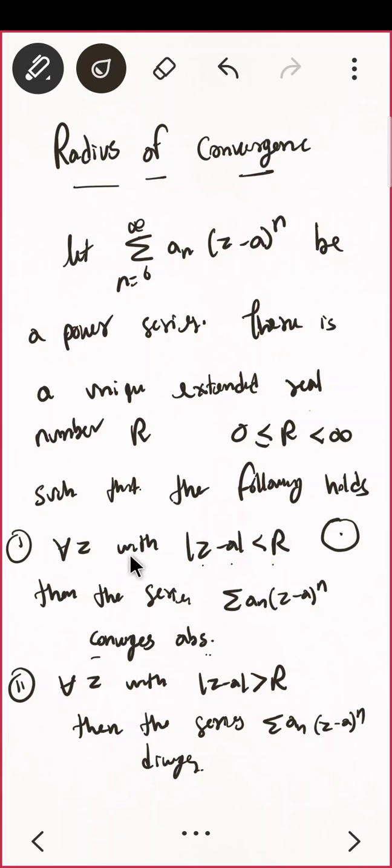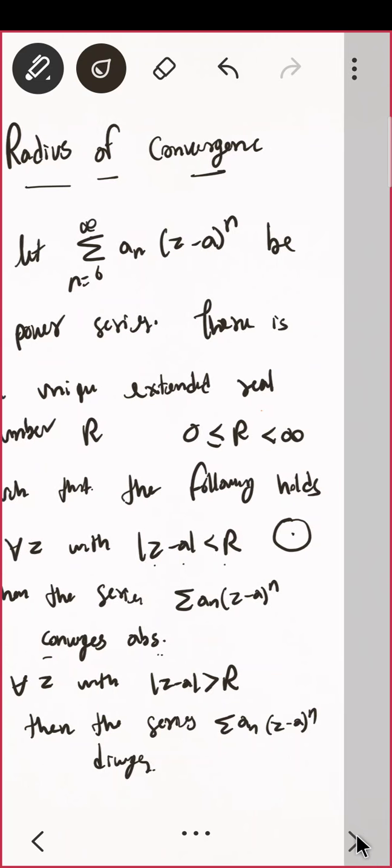So that's why this value is very important. This thing is called the radius of convergence. Okay, and there are many methods to check whether the radius of convergence exists and how to find this r. Let us see that.